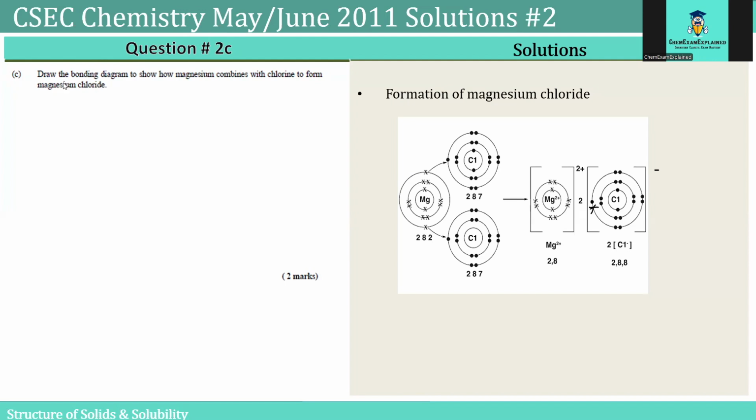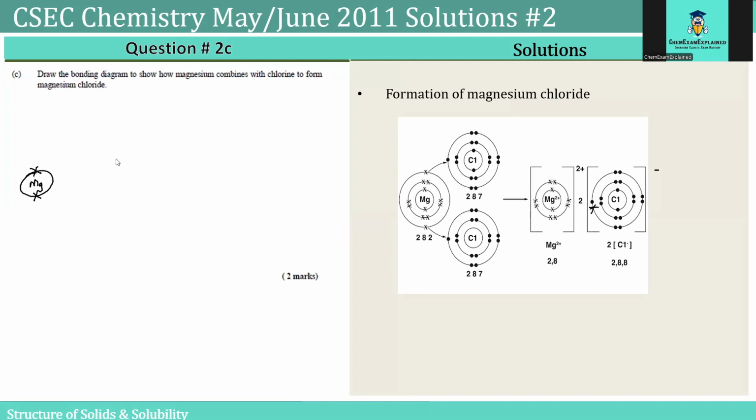2C. Draw the bonding diagram to show how magnesium combines with chlorine to form magnesium chloride. So what we're going to do is show you how we move from magnesium, which has 2, 8, 2, so I'll just use the valence electrons on magnesium. So this is magnesium, and I'm showing only the valence electrons.